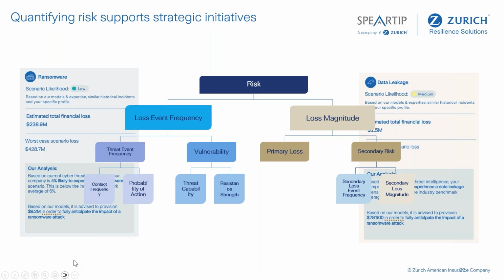So I get asked a lot about what all goes into this. The loss magnitude, it's a little bit more straightforward on that one. Size, industry, where you're located, where you operate, your industry class, all of that feeds into this. The loss event frequency can change a lot.